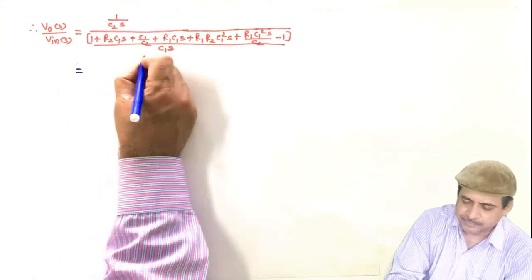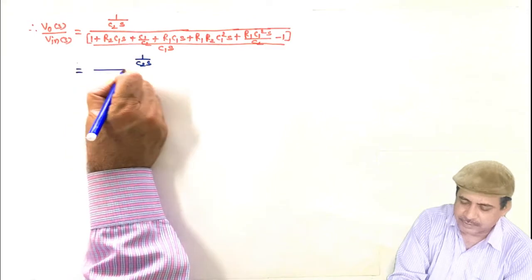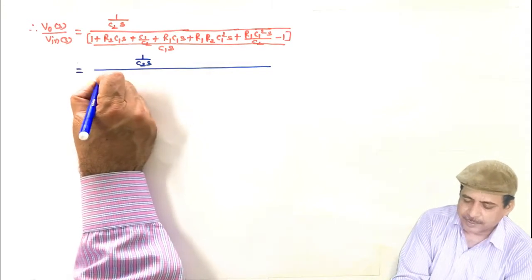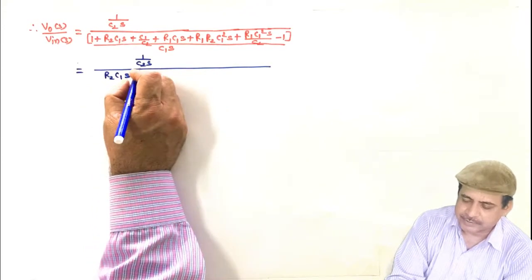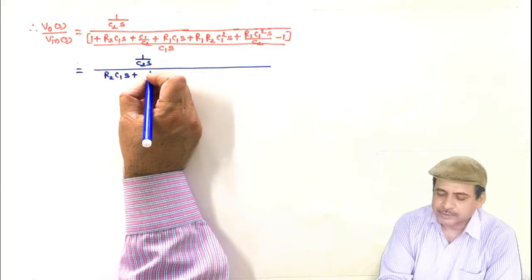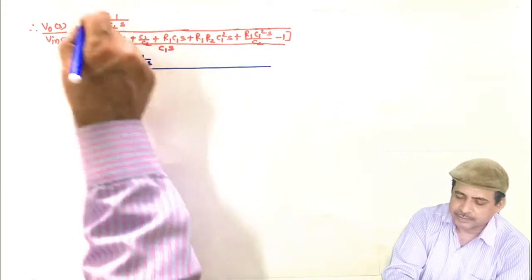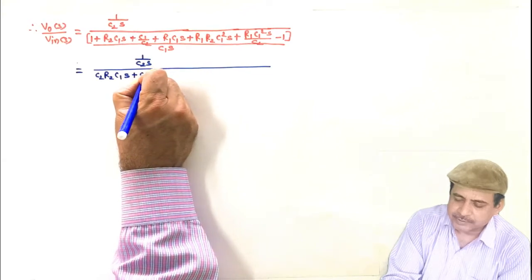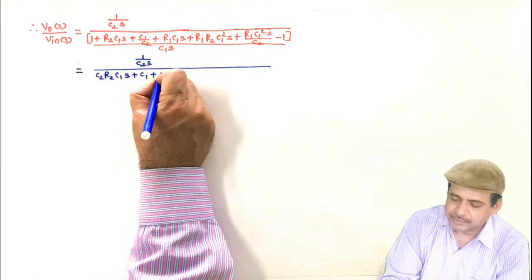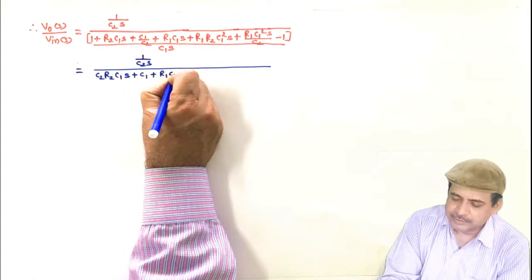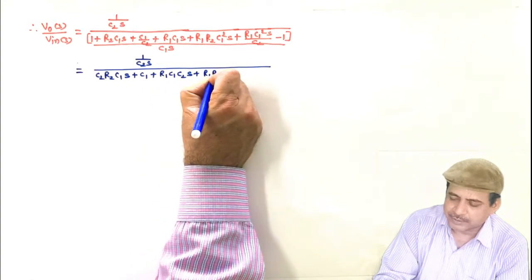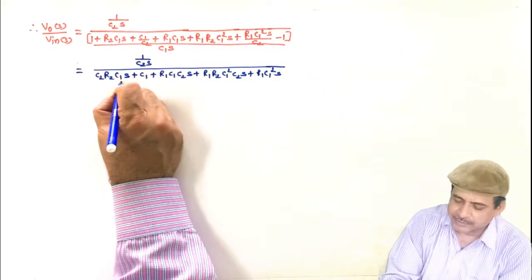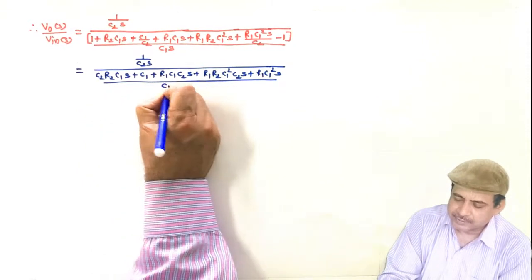Further simplification: 1 by C2s divided by R2 C1s plus, or let us make this also LCM, R2 C1 C2s plus C1 plus R1 C1 C2s plus R1 R2 C1 square C2s plus R1 C1 square s, divided by C1s.